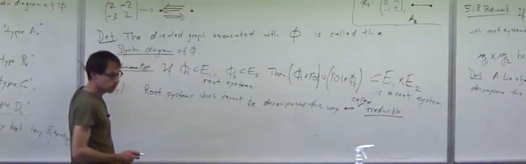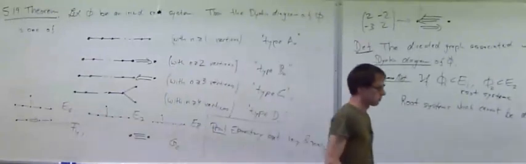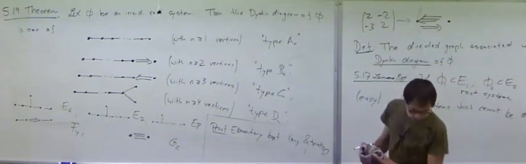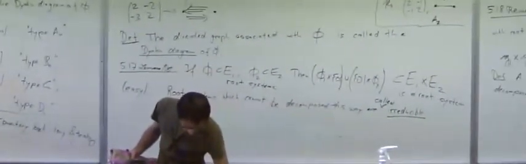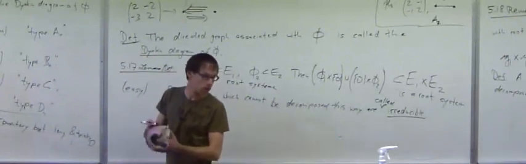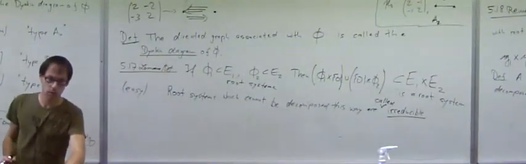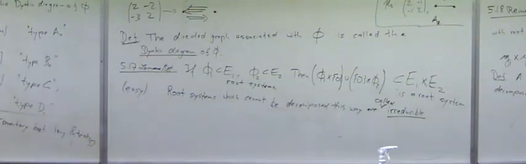This classification classifies the simple Lie algebras, not the semi-simple ones. Maybe I should also write this down as a corollary. So the simple Lie algebras are the ones that are classified by the irreducible Dynkin diagrams. Yeah, exactly.